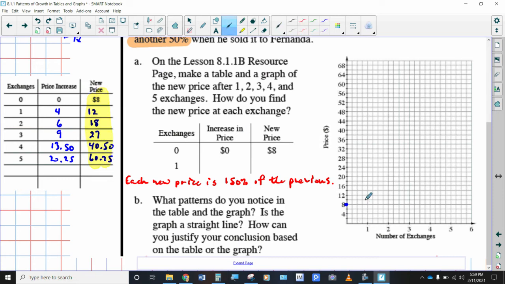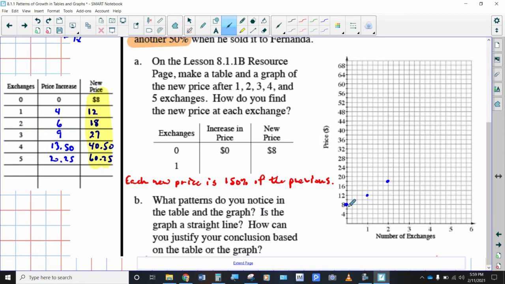After one exchange, it's $12. Then for the next exchange, it's going to be 18, which puts us right around here. And in this situation, because it's non-linear, it's going to start curving up. We can't go through and cleanly connect the dots with a straight line.